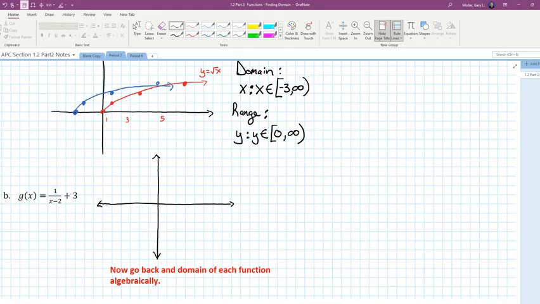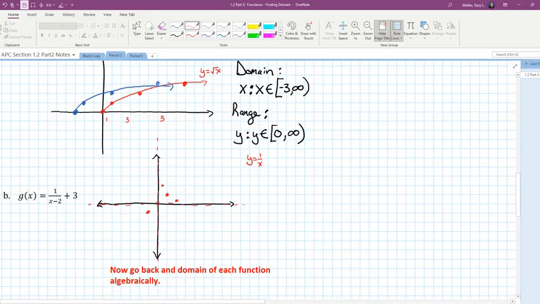So I know that the parent function, y equals 1 over x, has a vertical asymptote here and a horizontal asymptote here. And I know I have this point right here at (1, 1). I know I have this point here at (-1, -1). And then I know really just the general shape.